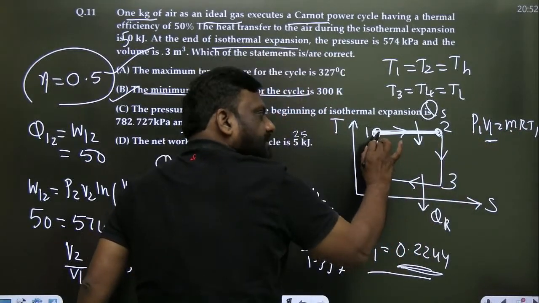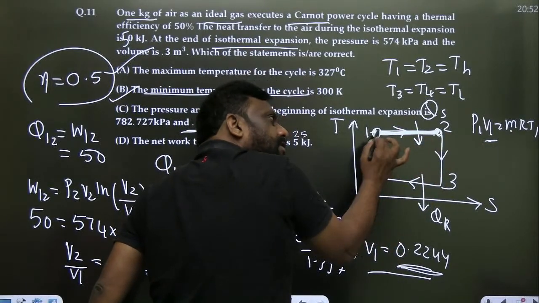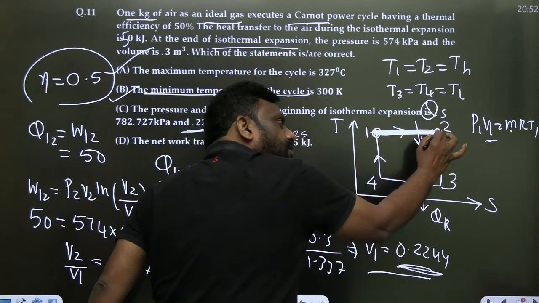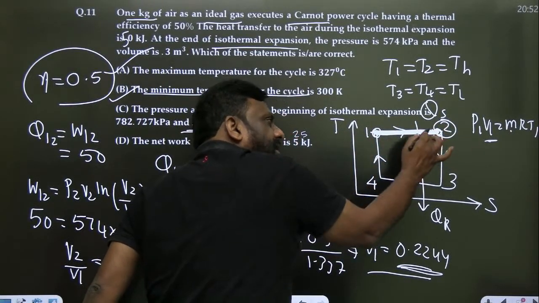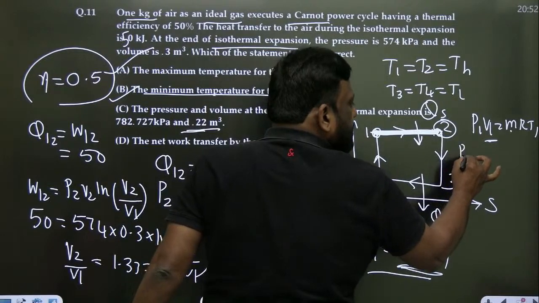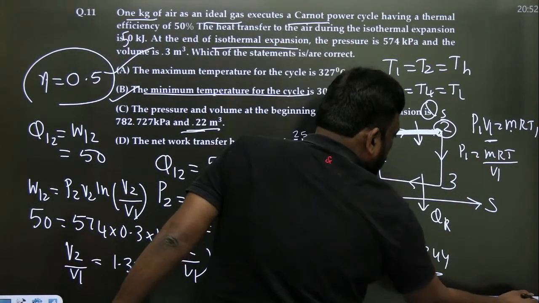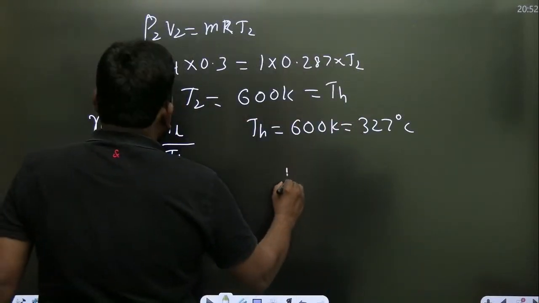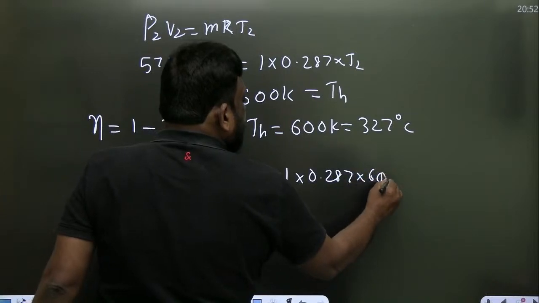T1 का मतलब क्या है सर? 1 to 2 is isothermal. Already T1 T2 is known. ये दोनों same है isothermal. Higher temperature is 600. तो T1 और T2 is isothermal 600. तो अगर आपको P1 चाहिए, mR T1 by V1. So therefore M is 1, R is 0.287, T1 is also 600 by V1.